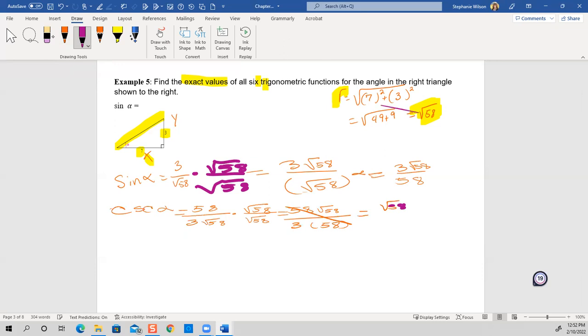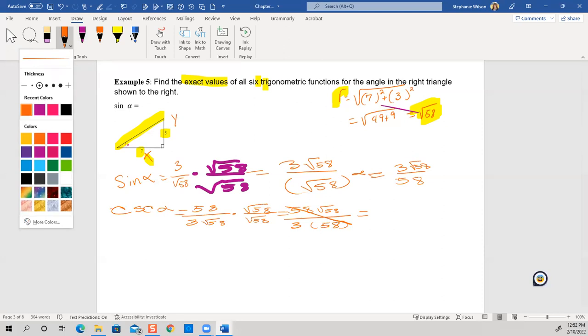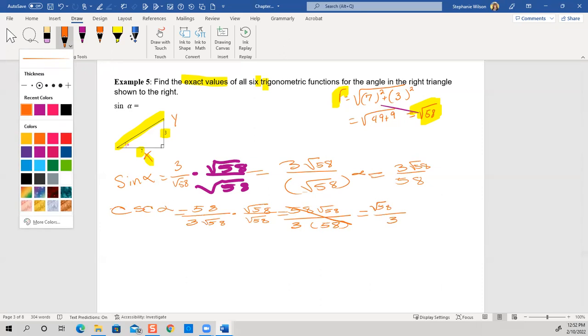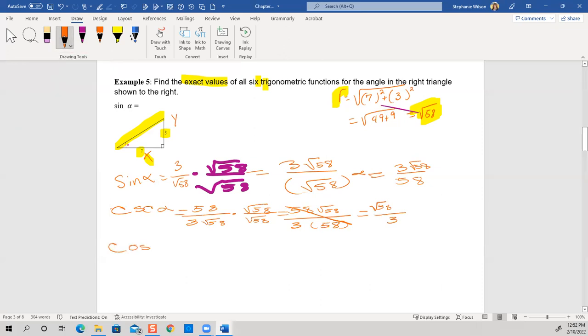My pen's not wanting to work right. Okay, let me clean this up just a little bit. All right, so now my answer is square root of 58 over 3. Now let's find cosine of alpha.